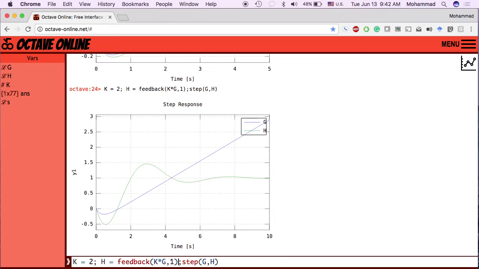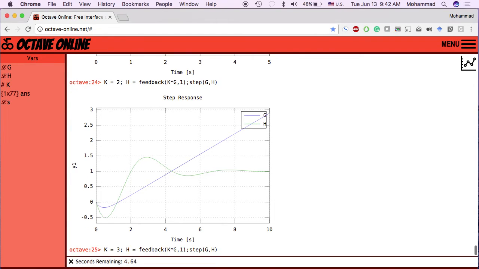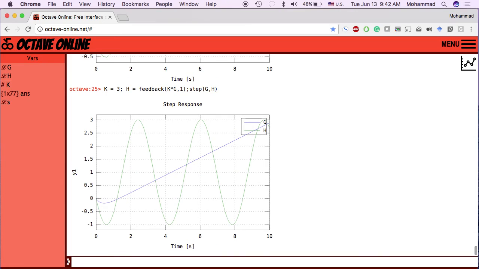Now let's increase K. We know at 3 we are going to have a damping ratio of 0. So let's try that. Let's try K of 3. See, damping ratio is 0 now. So the system keeps oscillating without any decay. Now, as soon as you go beyond 3, the 2 poles will go to the right-hand side of the imaginary axis, and you will have an unstable system.